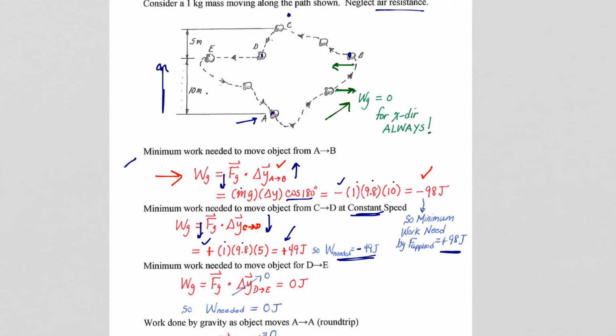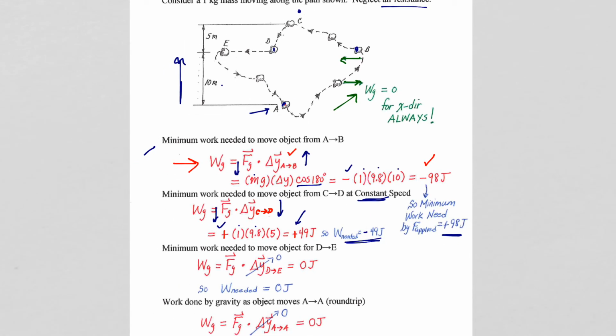Okay, D to E, we've talked about. Sideways motion does not matter, right? So there is no change in the y direction. D and E are at the same y position. So as long as there is no change in the y position of the object, then the work needed is 0 in the absence of friction.